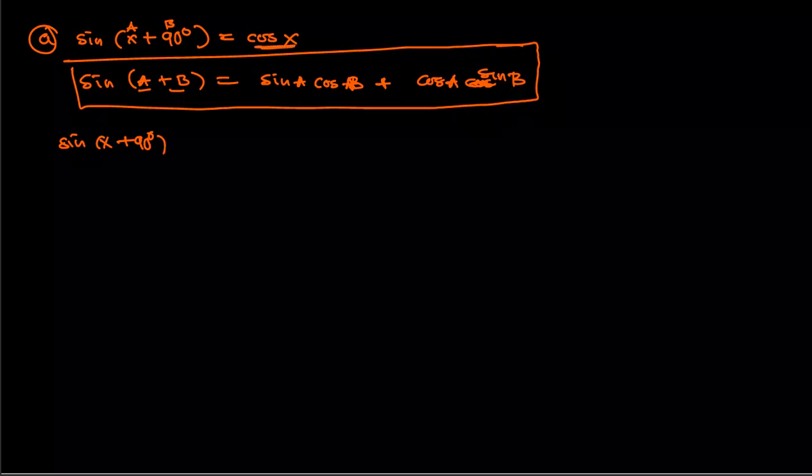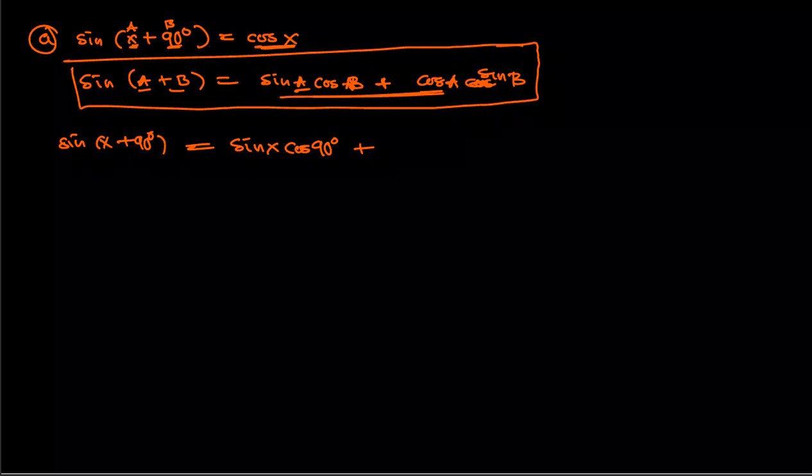Using this double angle identity, this can also be written in this form. So we say sine x, where there is A we put x, multiplied by cos B, meaning cos 90 degrees, plus cos A.